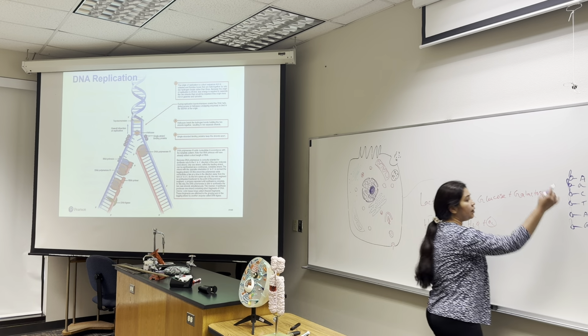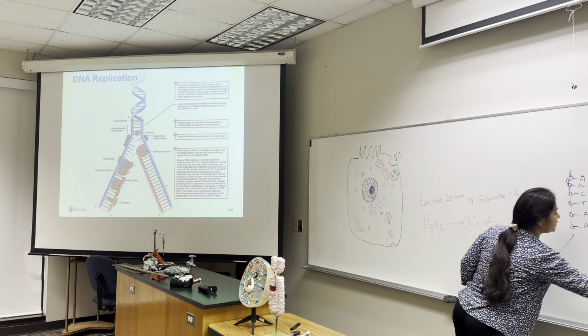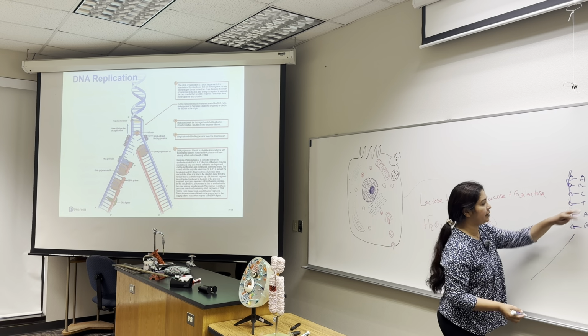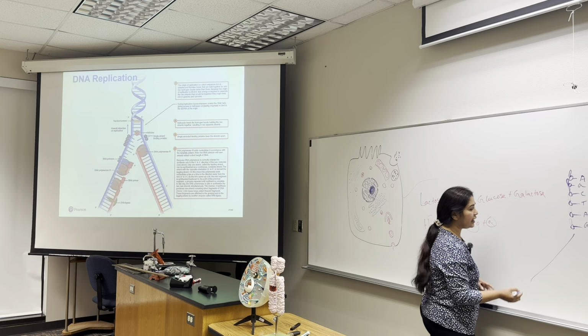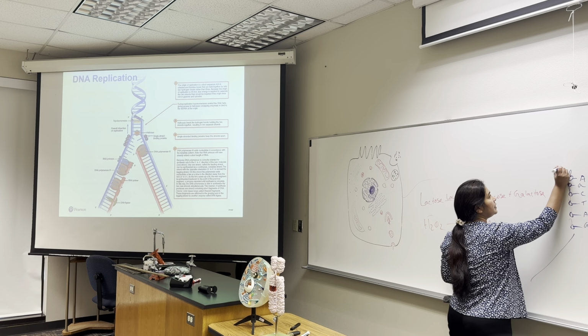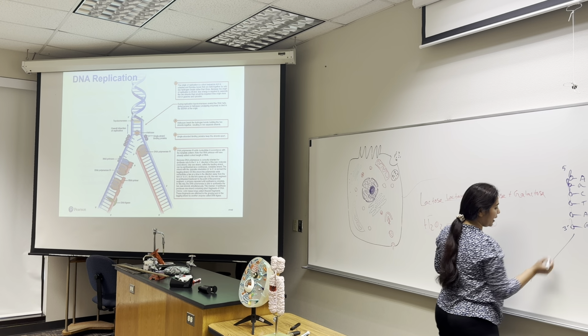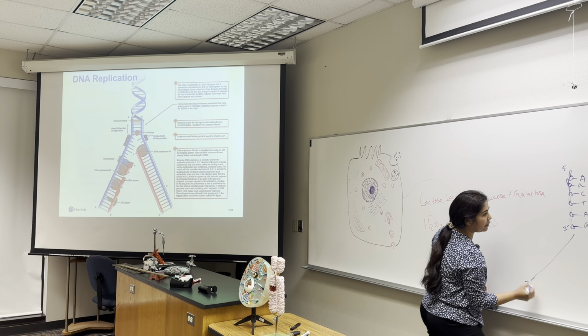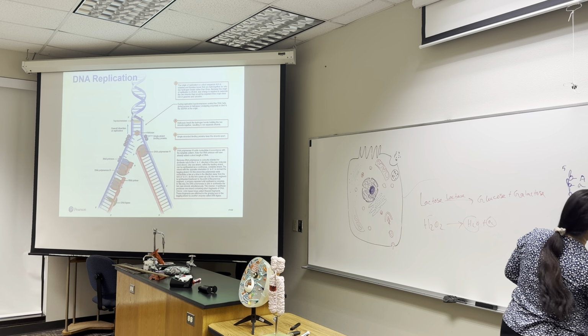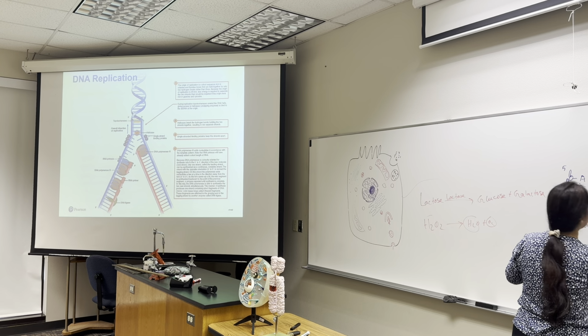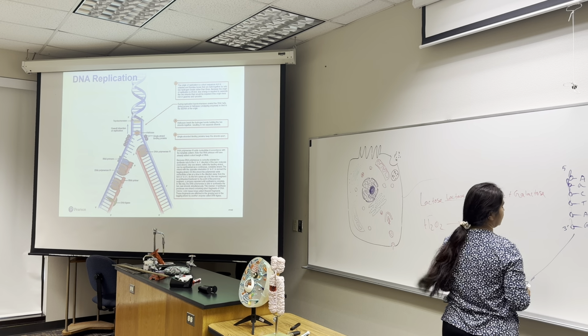So for example, you have 1 and 2, so 2 strands. This is 5 prime to 3 prime, so 3 prime right here, and this is the opposite, 5 prime right here and 3 prime right here.